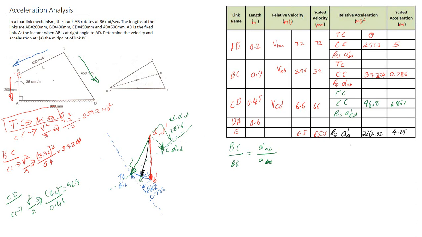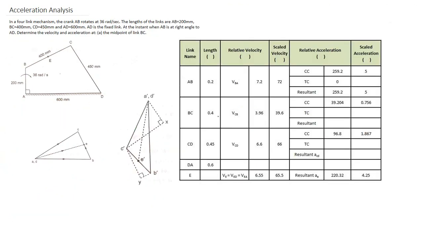So this is how we draw the acceleration analysis. Let me explain the procedure once again. First of all, read the question well. Draw the configuration diagram, then construct the velocity diagram. After that, draw the acceleration diagram.